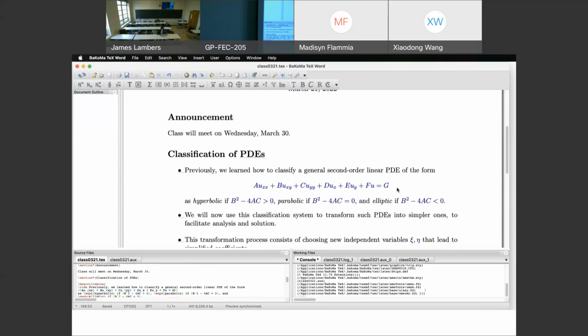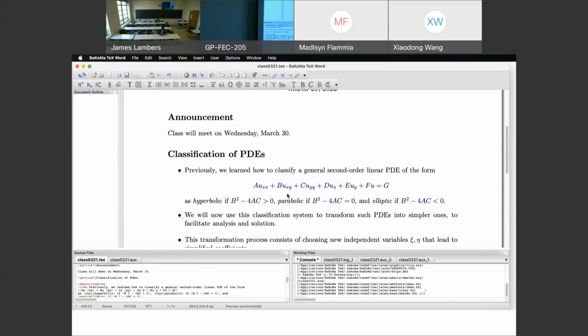It was actually the first question on the test. You examine the coefficients of the second partial derivatives, A, B, and C, and classify the PDE as hyperbolic, parabolic, or elliptic, depending on whether b squared minus 4ac, the discriminant, is positive, 0, or negative.